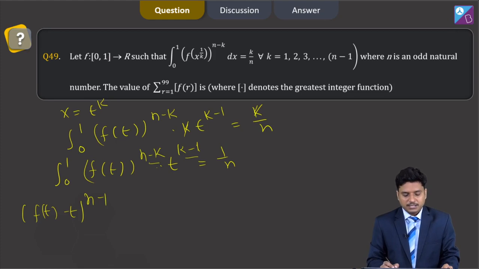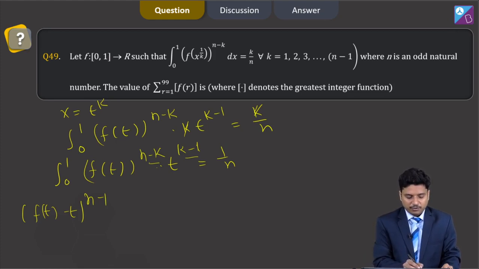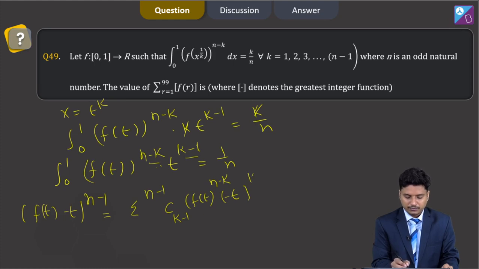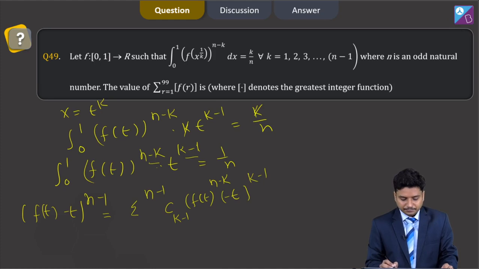So for (f(t) minus t) to the power n minus 1, the expansion can be written as summation of n minus 1 C k minus 1, f(t) raised to power n minus k into (minus t) raised to power k minus 1, right.